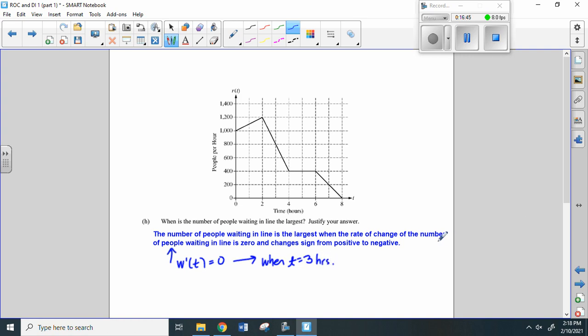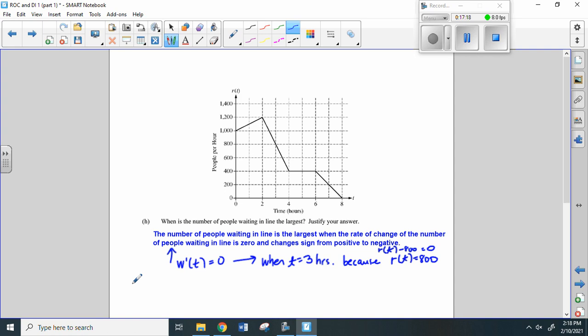And remember, that was because that's when r of t equals 800. It was all based on r of t minus 800 equals 0. And so now I just need to prove that w prime of t is positive before time 3 and negative after.